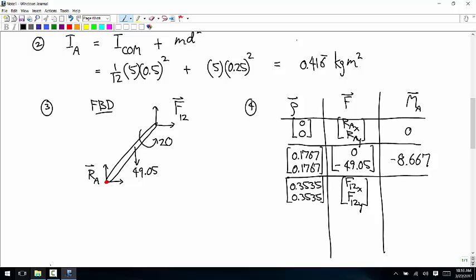And so the cross product is 0.3535 F12y minus 0.3535 F12x. And then the last thing we have to account for is the couple. It's counterclockwise, so that's positive 20.